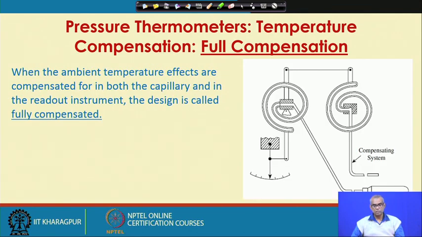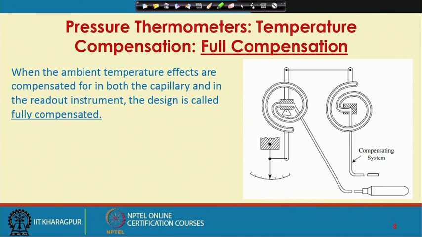Now, there are two types of compensation, full compensation and case compensation. When the ambient temperature effects are compensated for both the capillary and the readout instrument, that means the Bourdon tubes, the pointer scale, that part of the instrument, the design is called fully compensated.